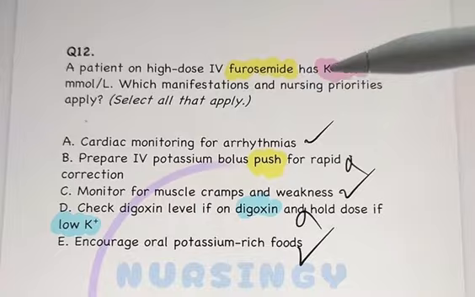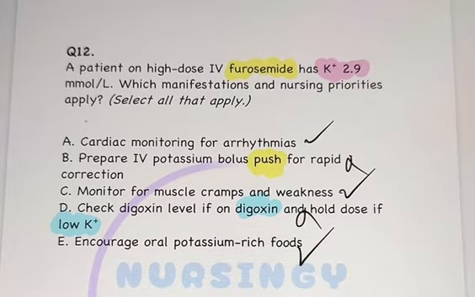Digoxin and hypokalemia: if there is hyperkalemia, there is too much potassium in the body, because digoxin works on the sodium potassium pump on the cardiac membranes, and that's how it increases or decreases the cardiac contractility.